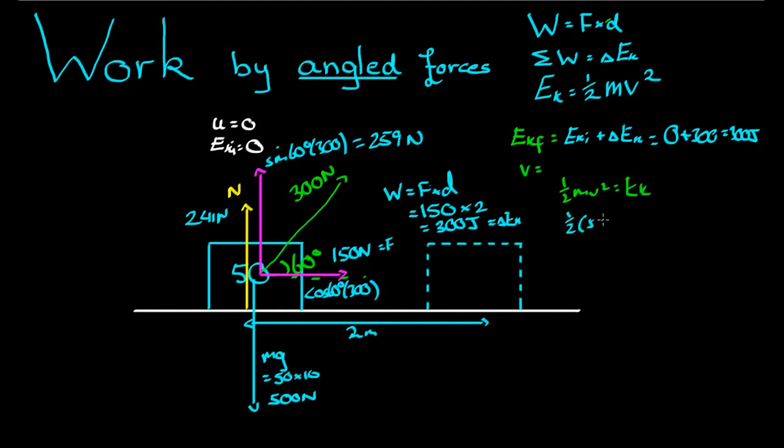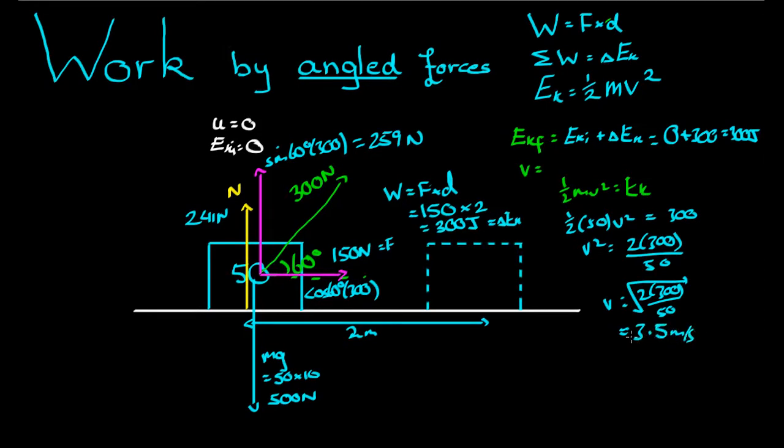So 1/2 times 50 times v squared is equal to 300. v squared is equal to 2 times 300 over 50. v is equal to the square root of 2 times 300 over 50, which is equal to around about 3.4641. So we'll just say 3.5 meters per second, around about.